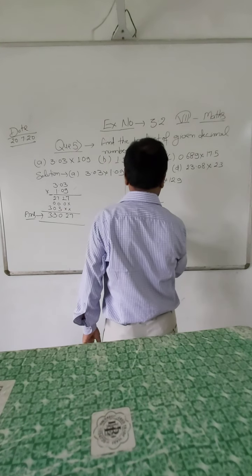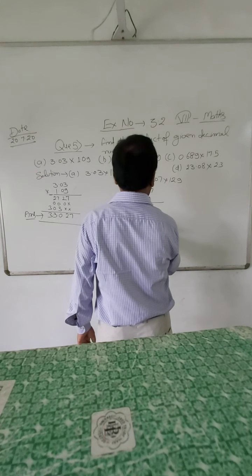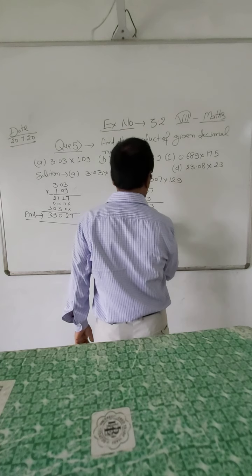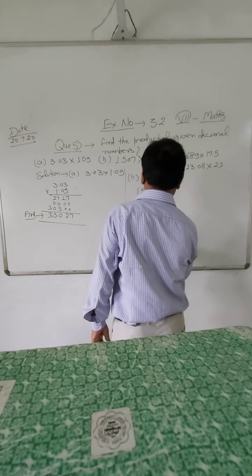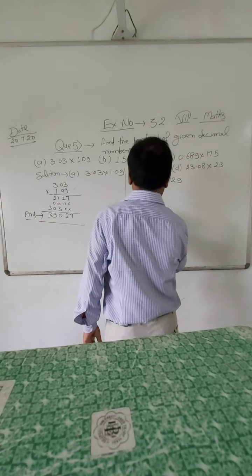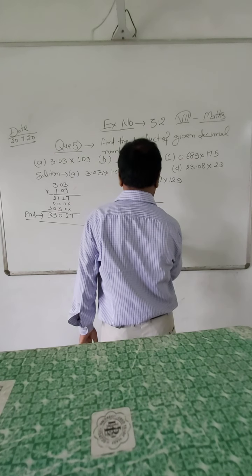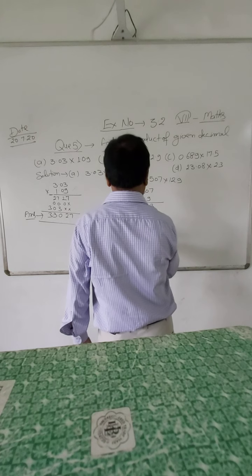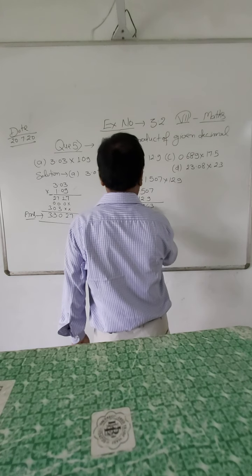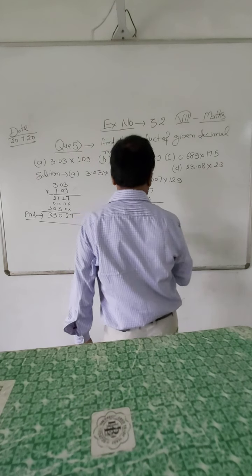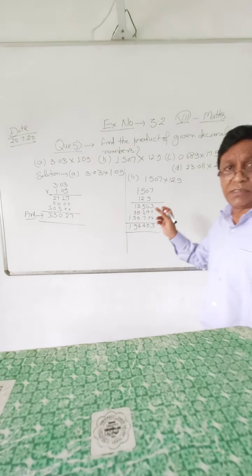Again from 1, 7 is 7, 0, 5, 1. So add all these things. 3, 6 plus 4, 10, 5 plus 1, 6 plus 1, 7, 13 plus 1, 14. 1 carry. 3 plus 1, 4. 1 plus 3, 4, 4 plus 5, 9 and 1. So this is the product of these two numbers.